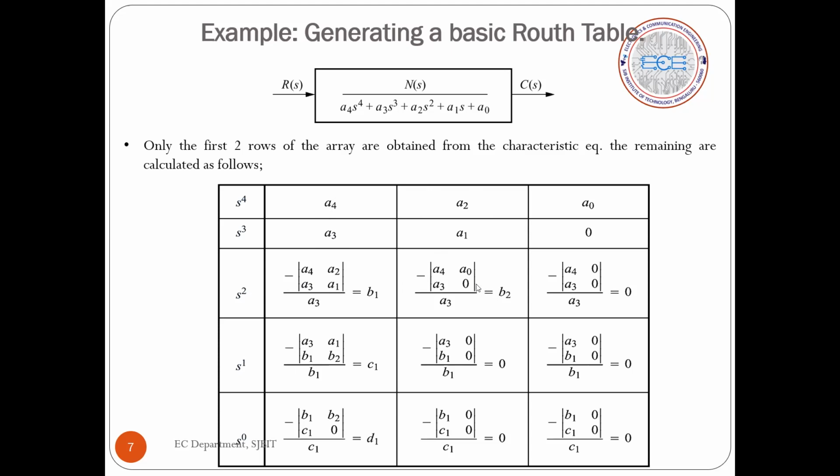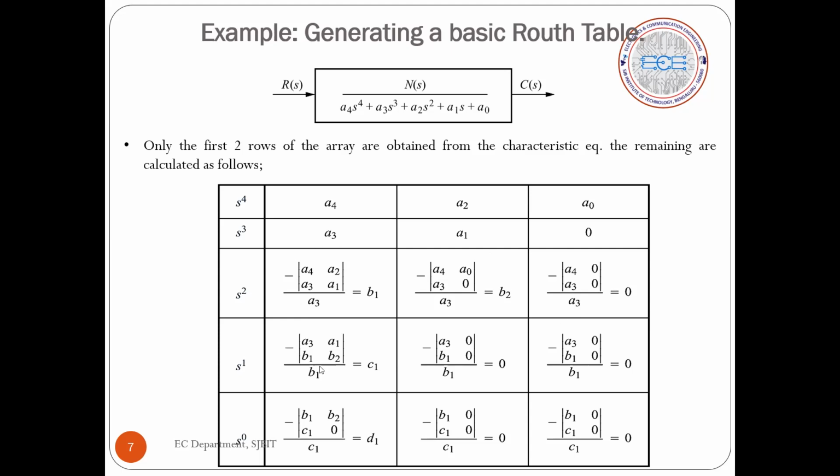Similarly, for b2, you take this column and this column as a matrix, compute the determinant, attach a minus, and divide by the base element a3. For b3, you take the first column and the fourth column, which we don't have, so we get a value 0 divided by the same base element a3.